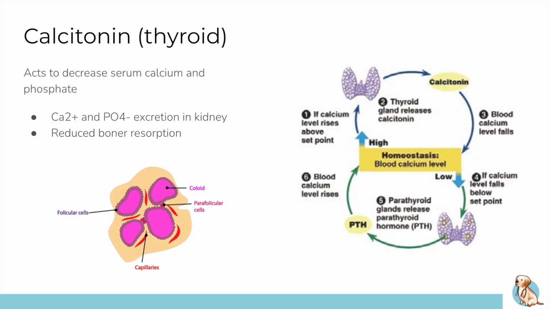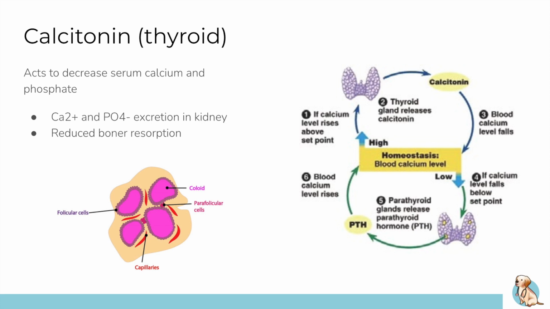I also want to take a moment to mention calcitonin. This is a thyroid hormone, which we mentioned a while back, but it is secreted from the parafollicular cells, or the C cells. Remember C for calcitonin. And this acts to decrease serum calcium and phosphate. So it's essentially the opposite of parathyroid hormone.